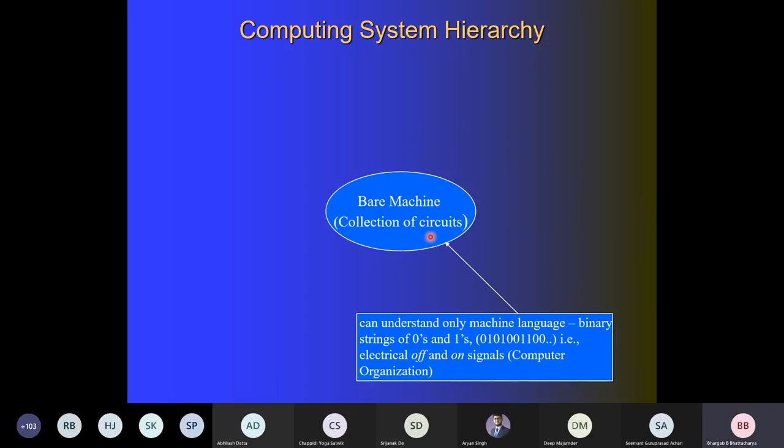When certain strings of zeros and ones appear at the input of the circuit, it generates certain logical values at the output. In other words, this bare machine, which is nothing but a collection of logic circuits, can interact with the external world using only strings of zeros and ones.